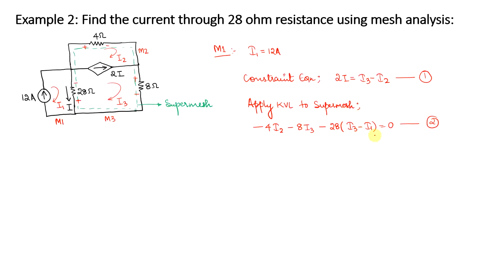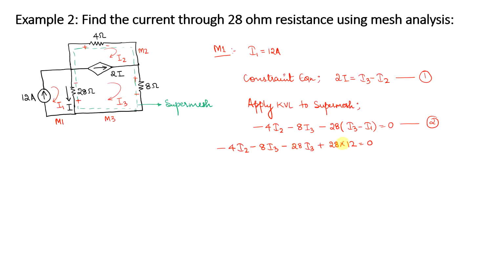Now we know the value of the current I1, so substitute this and see what you can reduce this equation to. On substitution, minus 4 I2 minus 8 I3 minus 28 I3 plus 28 into the value of I1, which is 12, equal to 0.